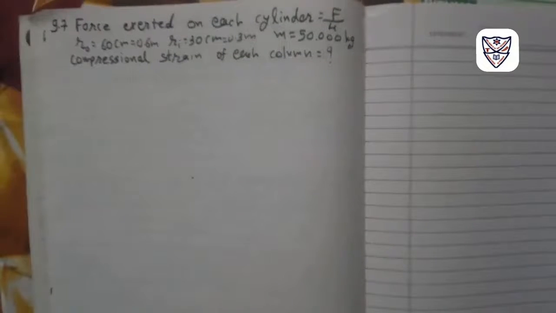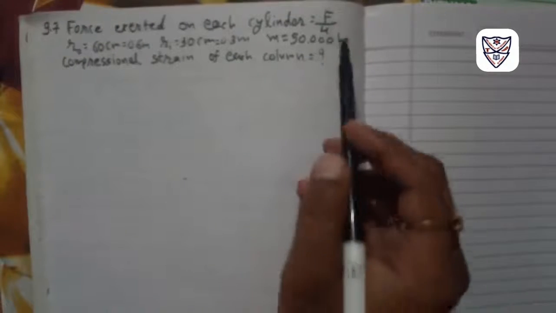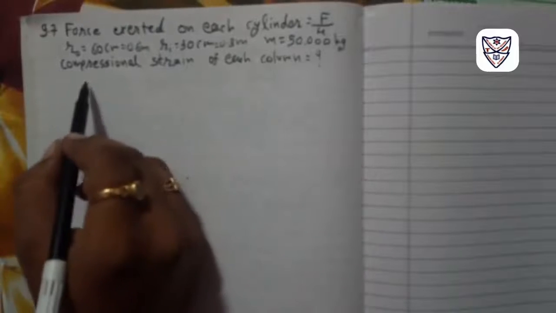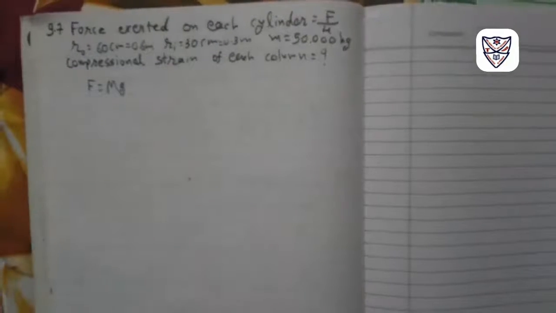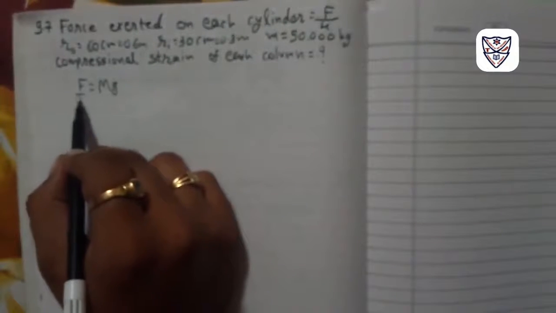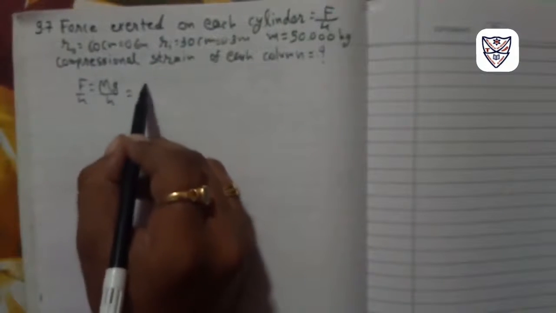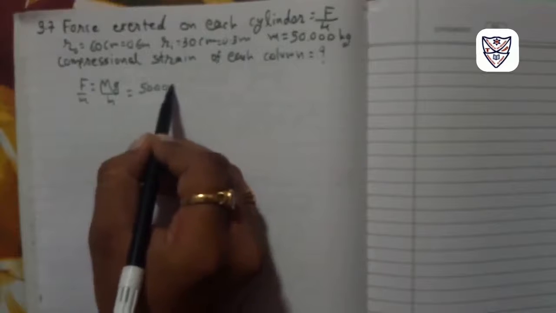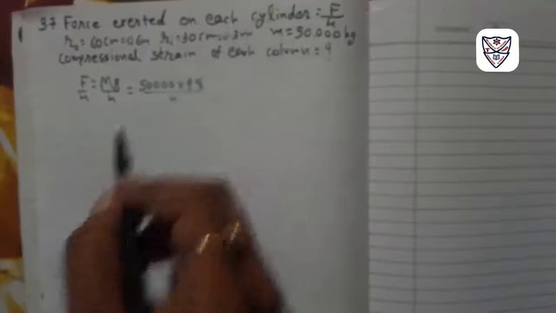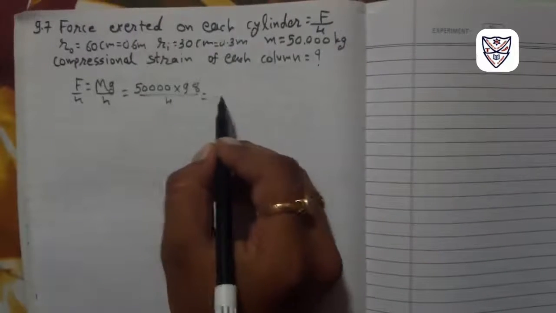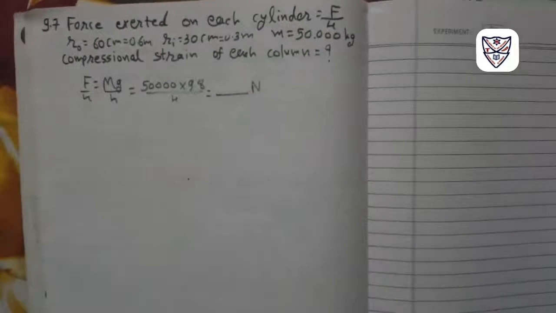Now we have to find compressional strain of each column. To find that, first of all we have to find F by 4. The formula of F will be M into G because it is load. So F by 4 means mg by 4, so 50,000 into 9.8 upon 4. That will be our answer in Newton.